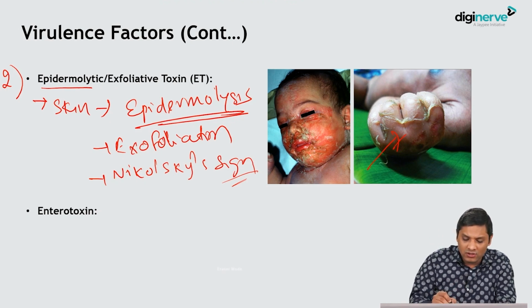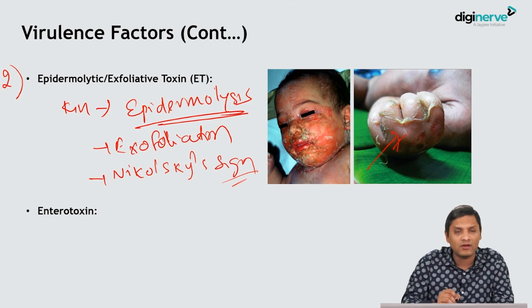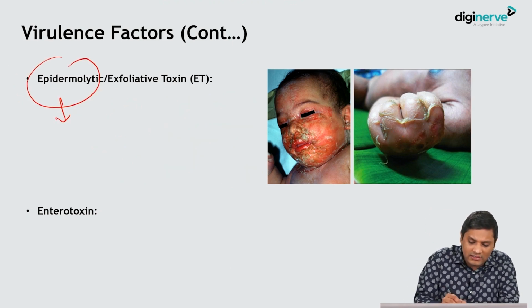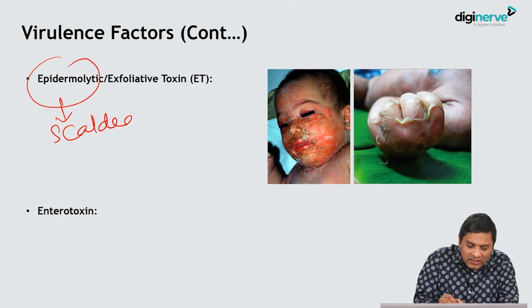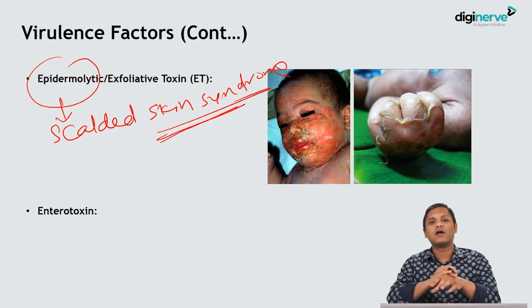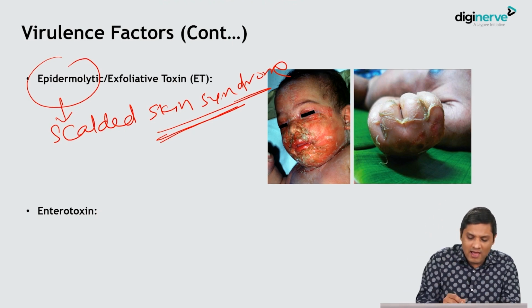So this is the primary function of epidermolytic toxin, and the disease it produces is called scalded skin syndrome. Epidermolytic or exfoliative toxin is responsible for scalded skin syndrome, where skin peels off the body, and this sometimes occurs in a milder form.